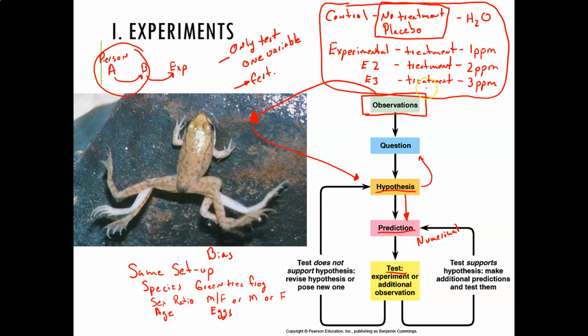Now, back to this idea of the control and experimental group. When it comes time to collect your data, when your experiment is done, you get some observations and write down some more notes. This is something I forgot to mention.